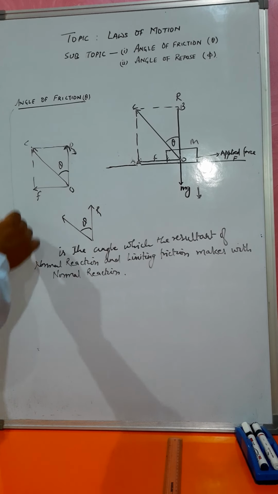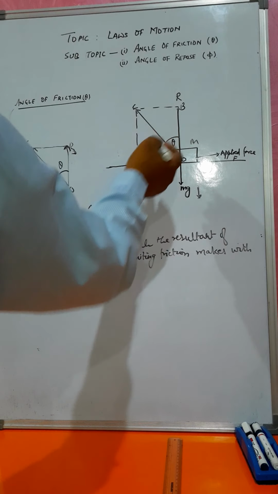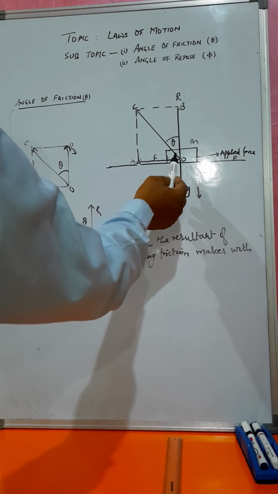So this is the angle of friction. It is usually denoted by theta. Here you can understand with the figure.